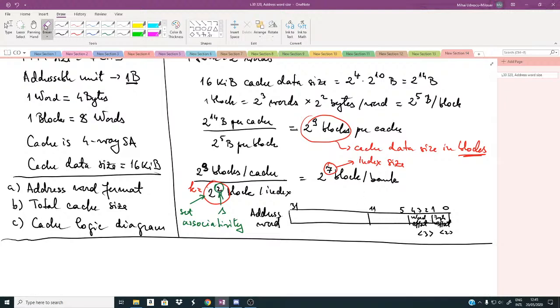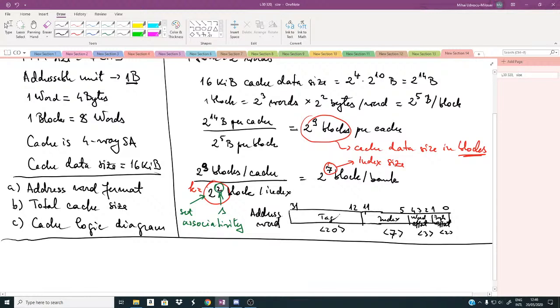Maybe it's not proportional, but nonetheless. So this is the index on 7 bits, and the rest is 32 minus 12, so this is 20. That's the tag.